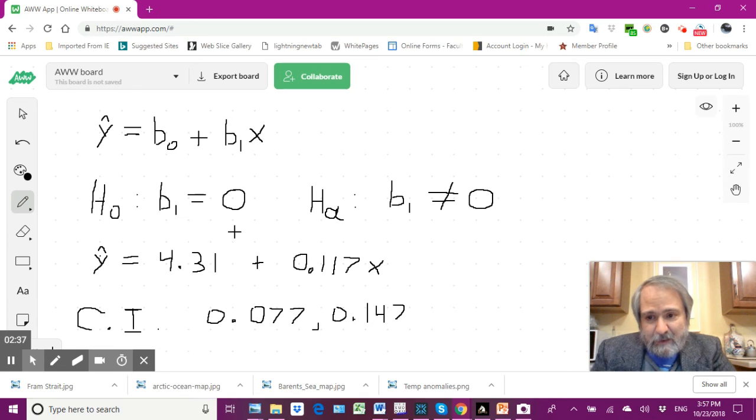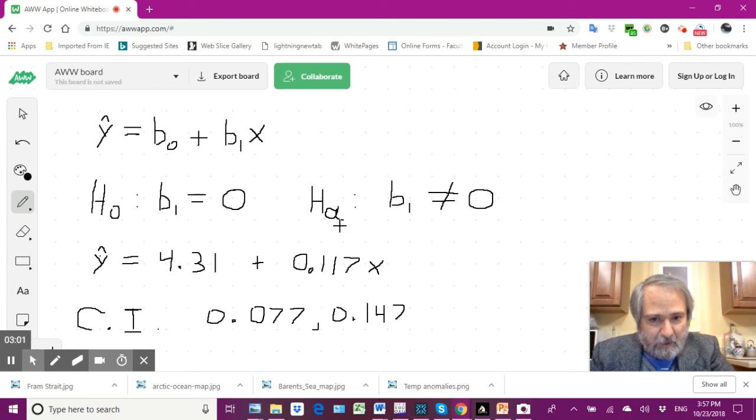And the way we test that is we have a null hypothesis that b1 equals 0. In other words, we would have a flat horizontal line, which would give us a constant function, y hat equals b sub 0. Right? So we're looking at b1 equal 0. That's the null hypothesis.